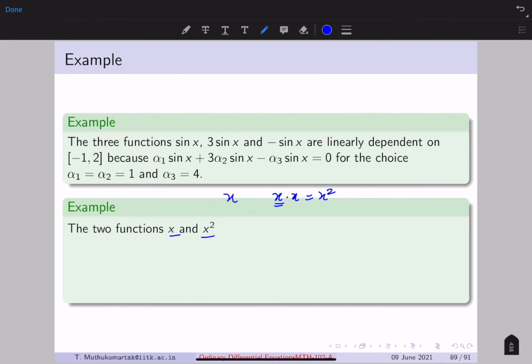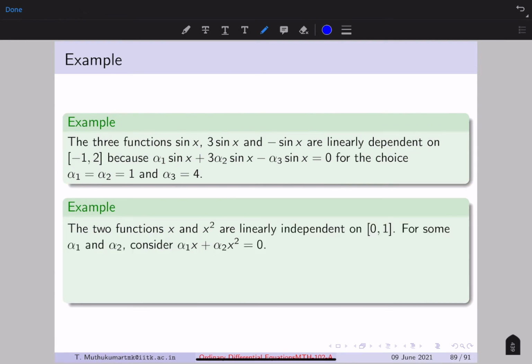So I am getting x squared as a multiple of x, but this x is not a fixed scalar from the field over which the vector space is defined, the R. It is coming from R, but it is varying over R. So is this set, x and x squared, linearly dependent or independent?